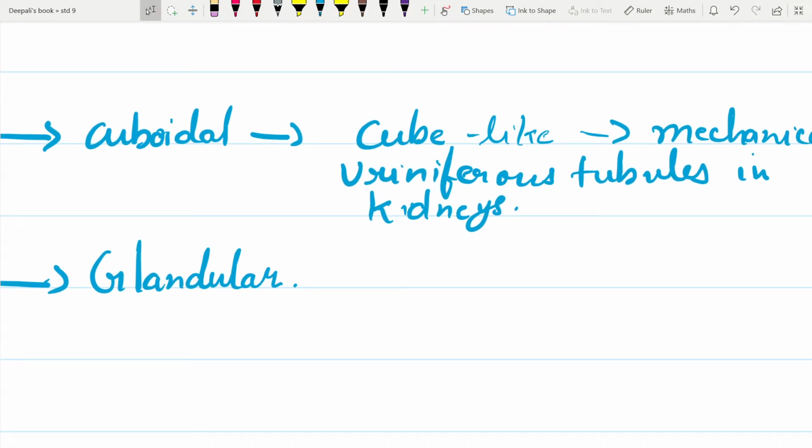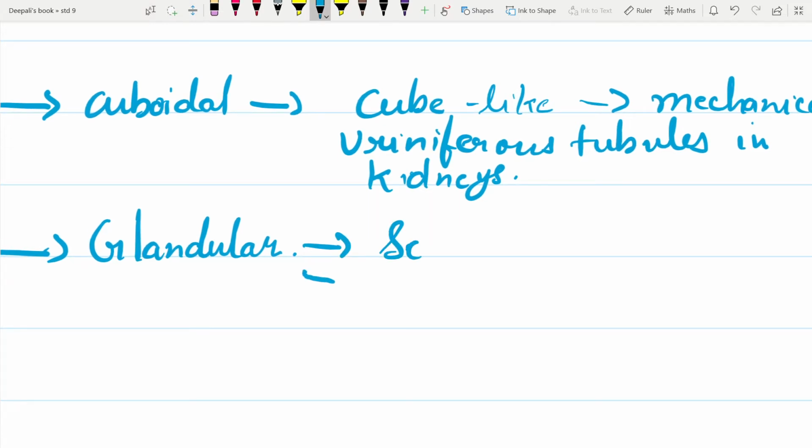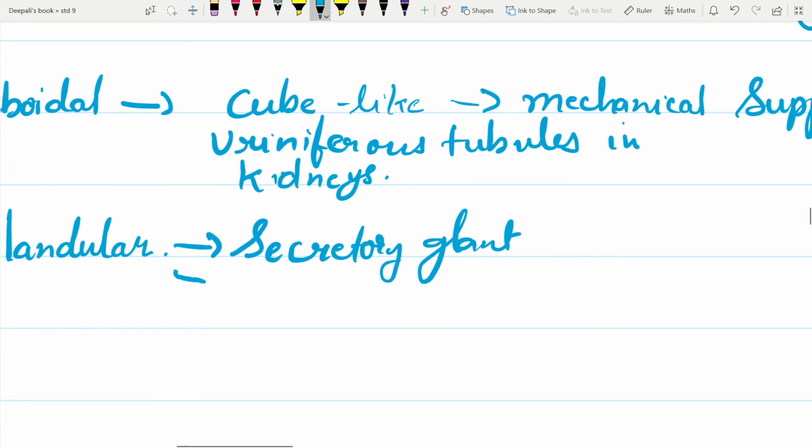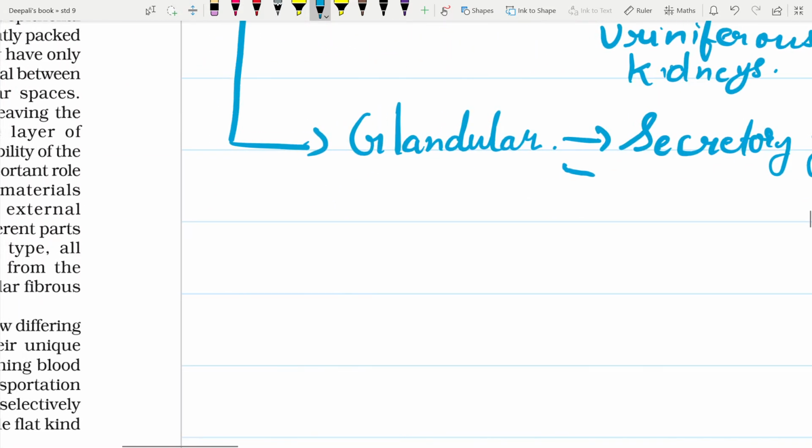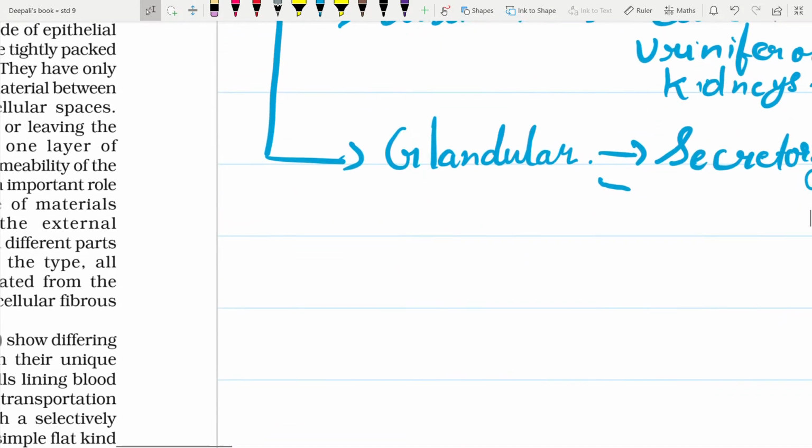Then we have glandular, which forms the secretory glands and is present in the glands. Then you have the stratified epithelium.